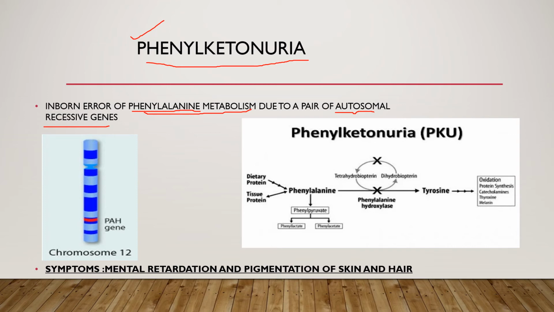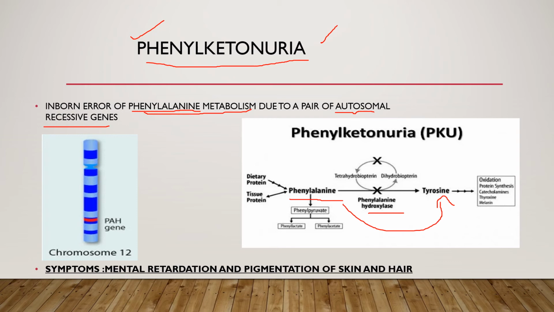And normally, in normal persons, so I'm not talking about phenylketonuria, I'm talking about normal persons, this phenylalanine, an amino acid, should be converted into tyrosine, another amino acid. And for this conversion, we need an enzyme called phenylalanine hydroxylase.